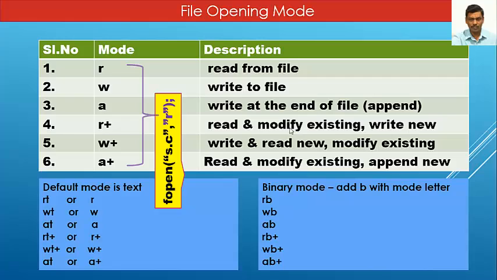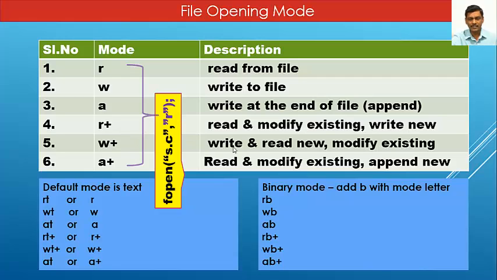We can change it by using R plus, because it modifies, that is, alters the data. So existing data we can read and modify, but new data we only write. We cannot read or modify it by using R plus.